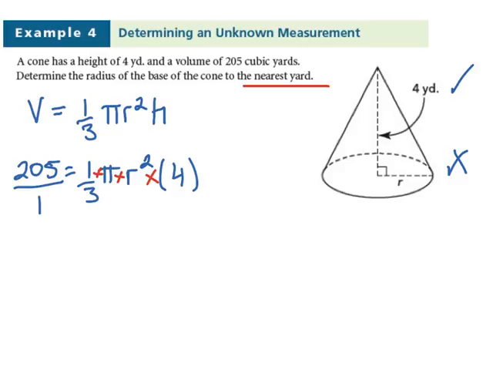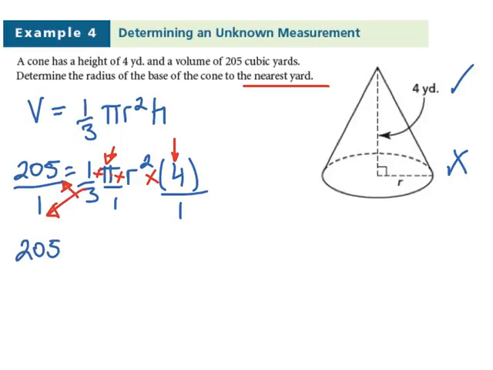How do we cross multiply? When we cross multiply, we bring the denominator from the other side of the equation to the numerator, and the pi and the 4 we bring down to the denominator. The result is as follows: 205 times 3 divided by 4 pi is equivalent to r squared.